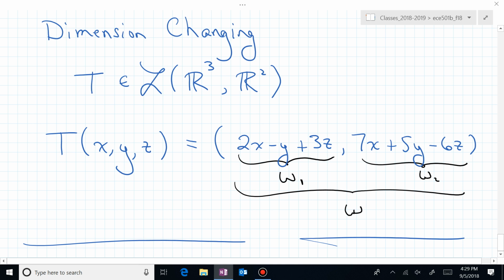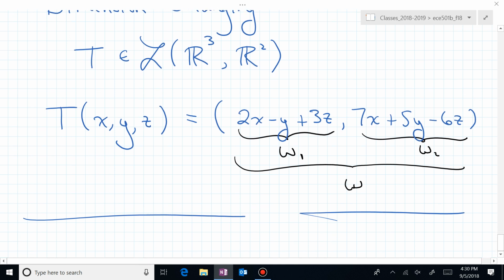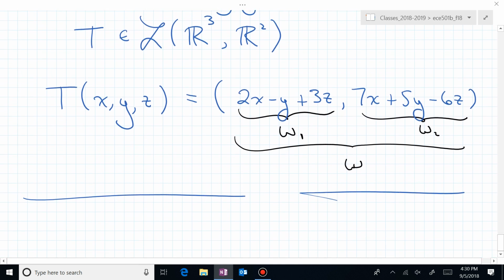We'll talk about how we represent a linear map with a matrix later, but for now, this is how we represent a dimension changing linear operator. Do you see how we could go the other way? We could go from smaller to bigger in terms of dimension of the vectors, a dimension changing in the other direction.